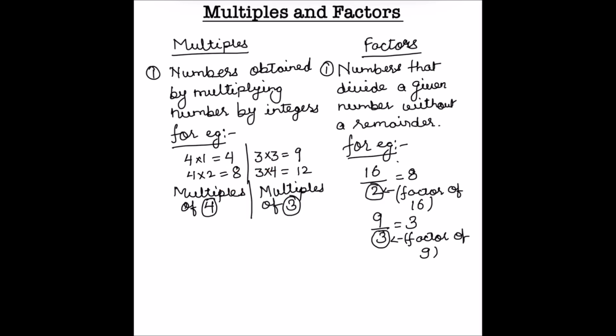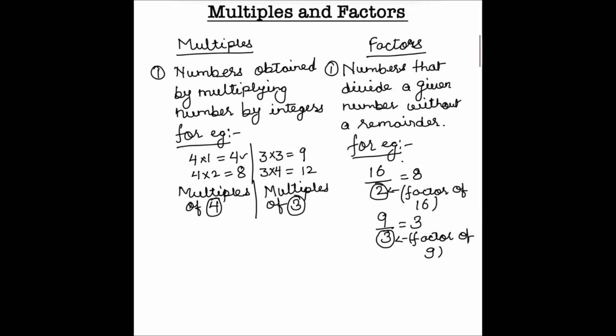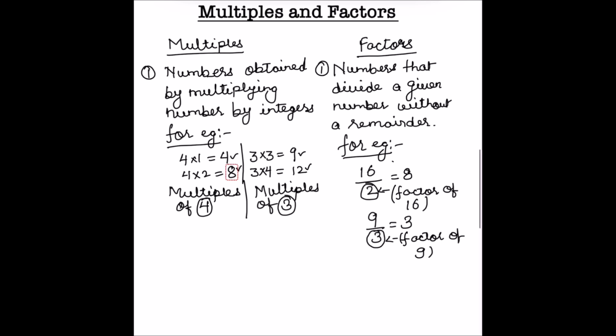The second difference here we can find out is multiples are greater than the number. Here we see that multiples of 4 are 4, 8 and multiples of 3 are 9, 12. So these are greater than or equal to the number. On the other hand, factors are usually equal or less than the number.